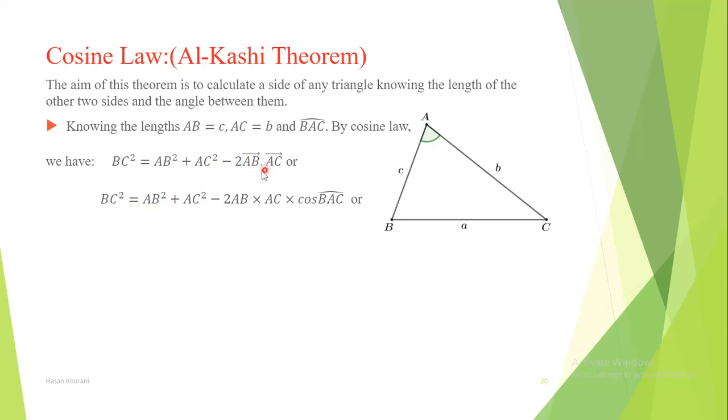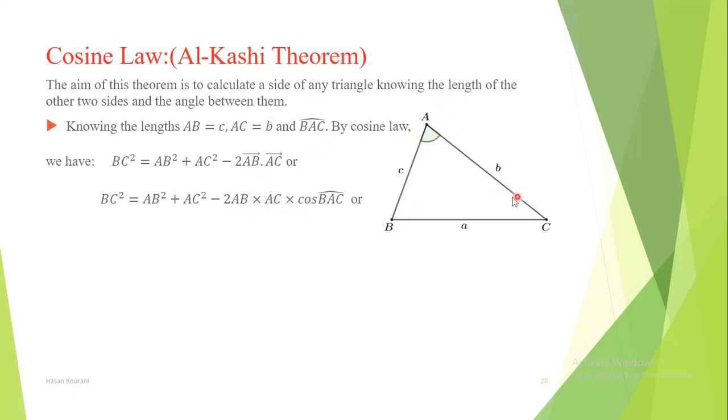Again, let me remind you that AB dot AC is a scalar, not a vector. It will be 2 times AB times AC times cosine of the geometric angle between the vectors AB and AC.